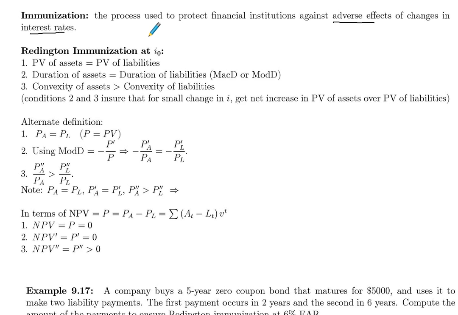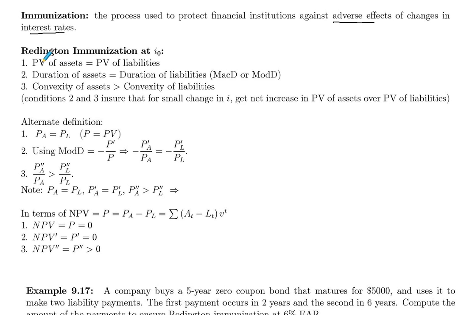And the particular kind of immunization that we're going to look at is what's called Redington immunization. And this is named after the actuary who did his work about the 1950s. And to do Redington immunization, you make three assumptions, or you try to ensure that three things happen.